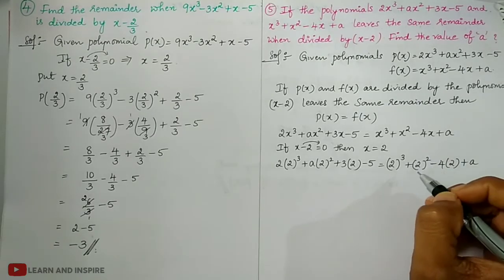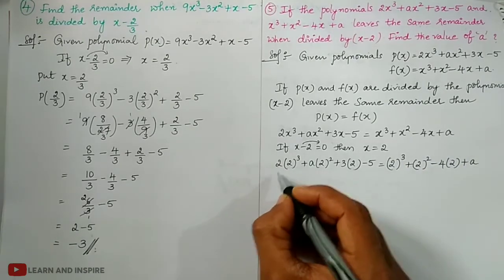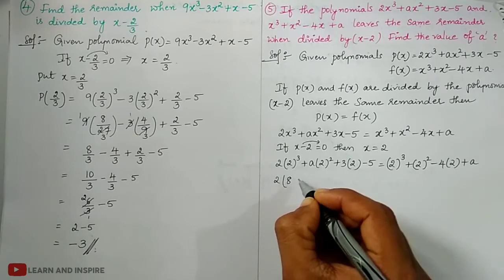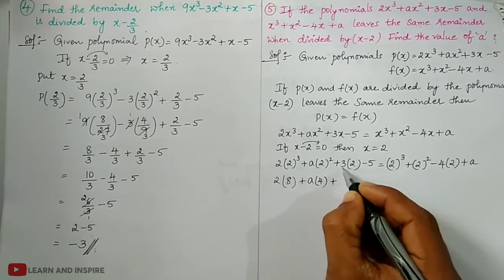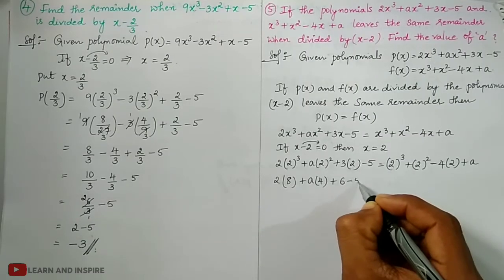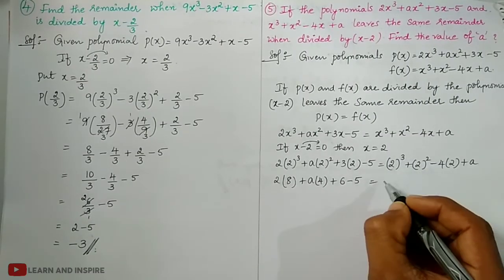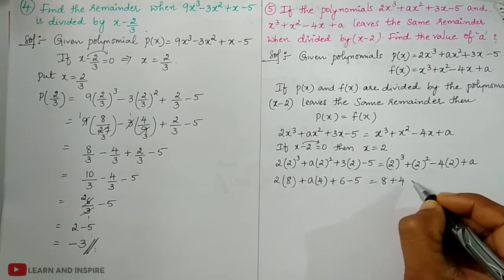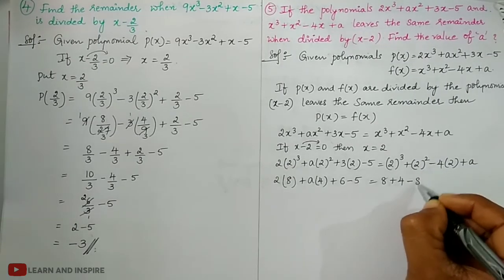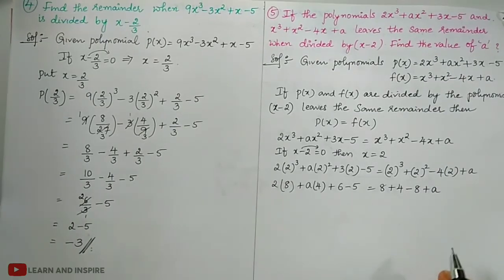So we substituted x equal to 2. 2 into 2 cube is 8, plus a into 2 square is 4a, plus 3 2s are 6, minus 5, equals 2 cube is 8, plus 2 square is 4, minus 4 2s are 8, plus a.